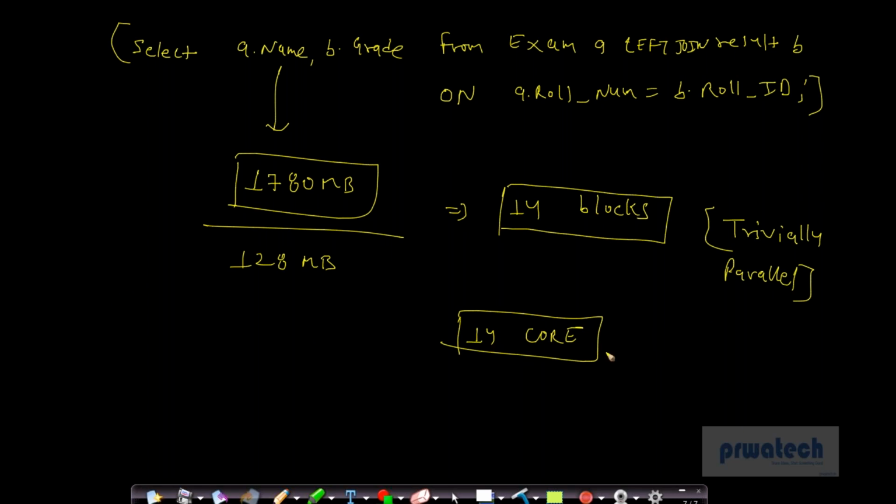Let's say I have 5 machines, each machine with 3 cores, which means 5 machines times 3 cores is a total of 15 cores. So I can submit these 14 blocks in parallel to 5 machines, and they can process based on their CPU, and the application master is tracking my tasks.